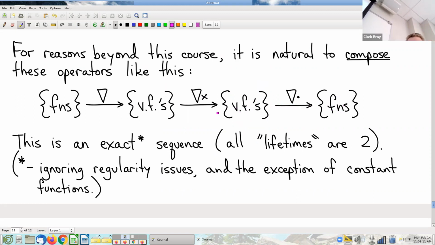And then here's another question we could ask. Suppose I have a vector field here. A reasonable question would be, is there a function whose gradient is that vector field? Maybe there is, maybe there isn't.